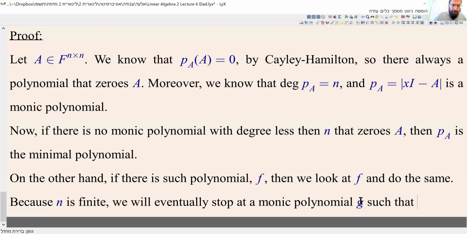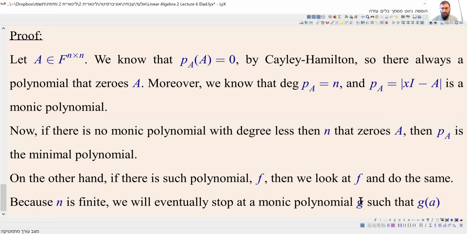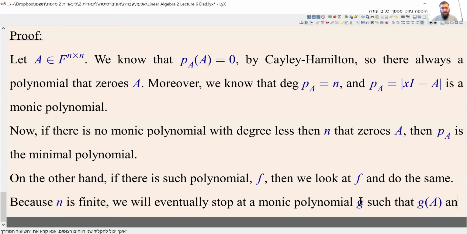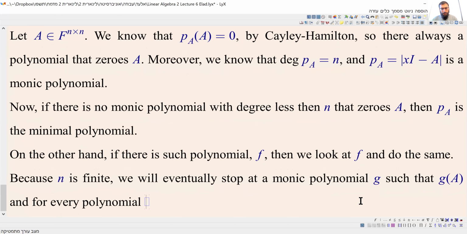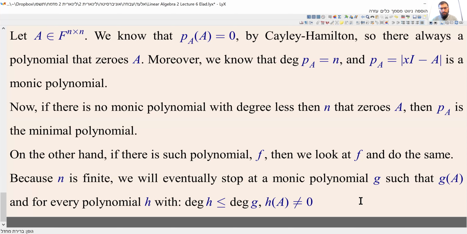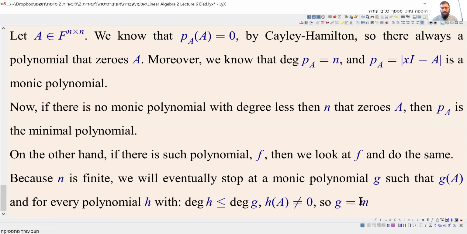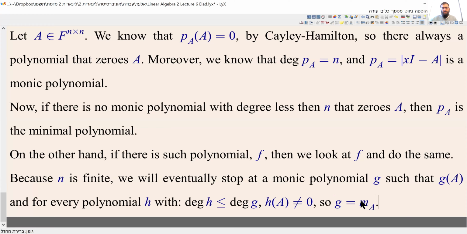We'll eventually stop at the monic polynomial g such that g zeros A, and for every polynomial h with degree of h less than degree of g, h is not zero on A. So g is what we define as the minimal polynomial. Let's go on with the process till we finish.